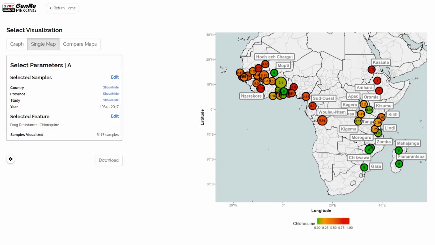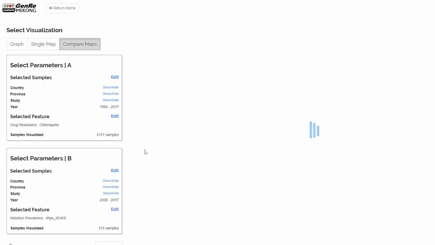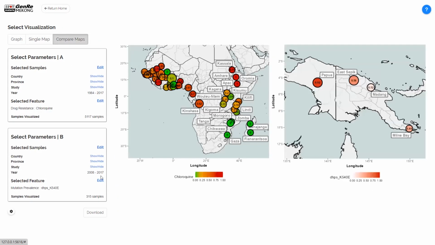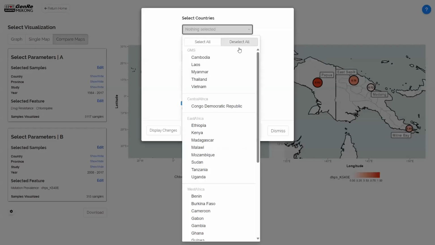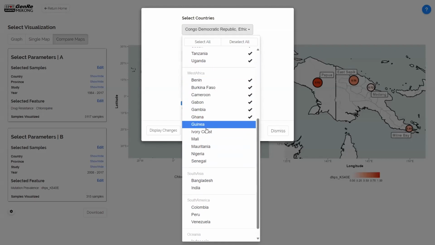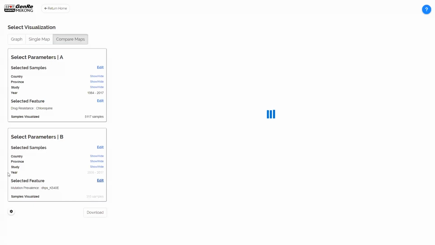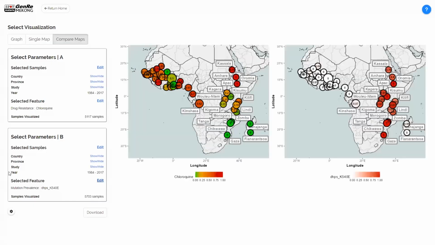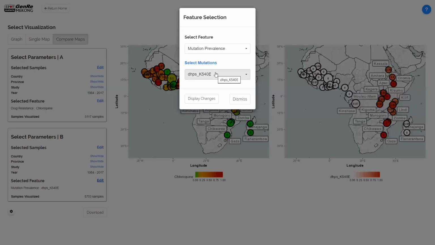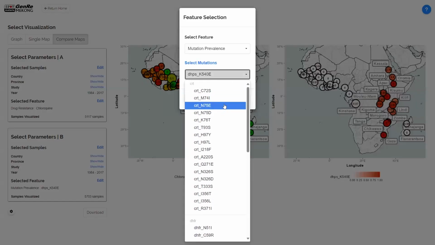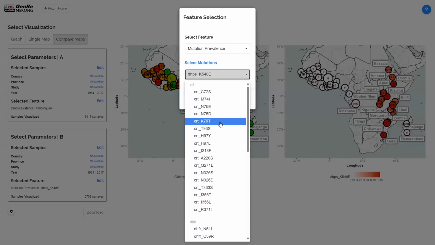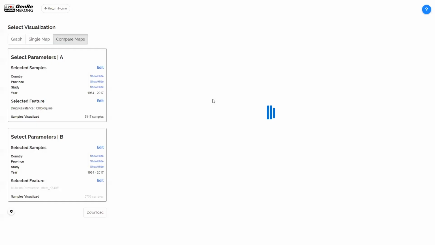So let's say I also wanted to look at the mutation that gives rise to chloroquine resistance. So I can select all the samples from the African countries, and then I can select the mutation that gives rise to chloroquine resistance. So that would be CRT K76T.